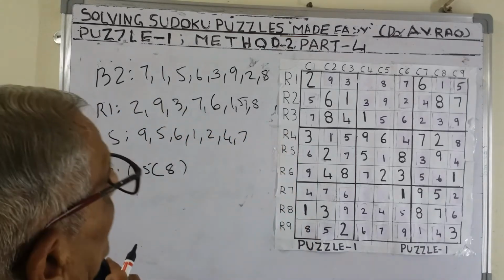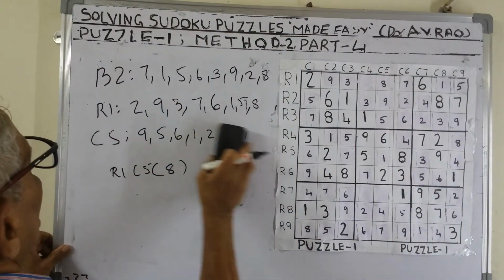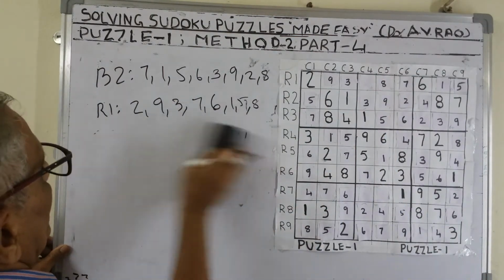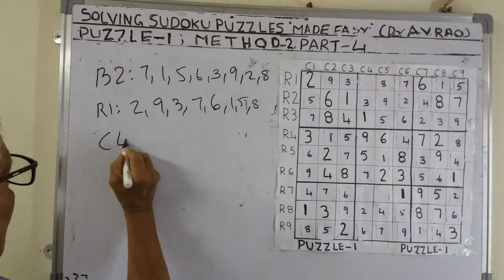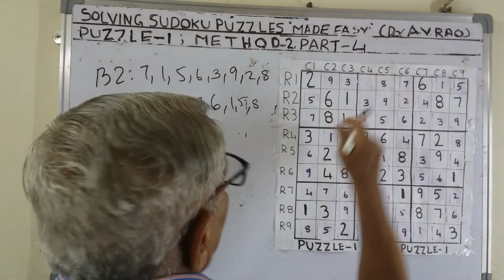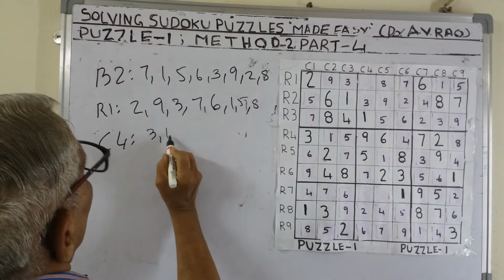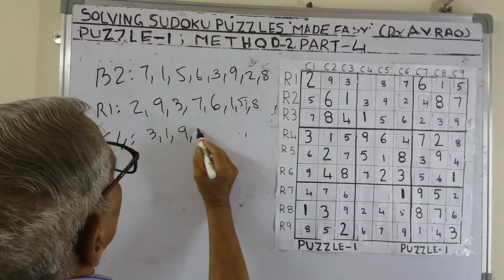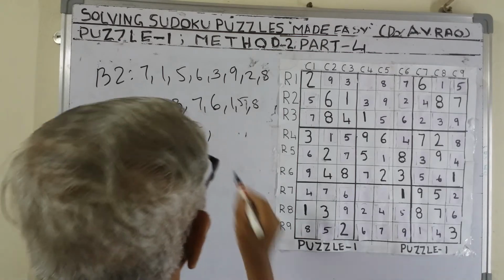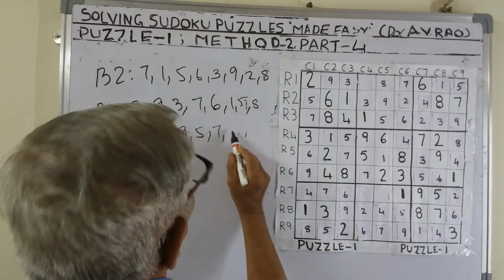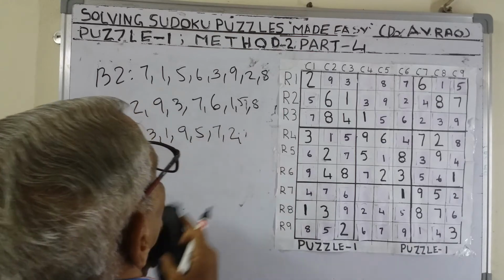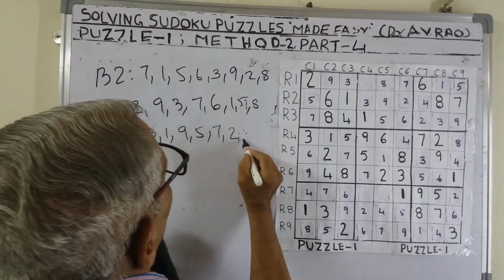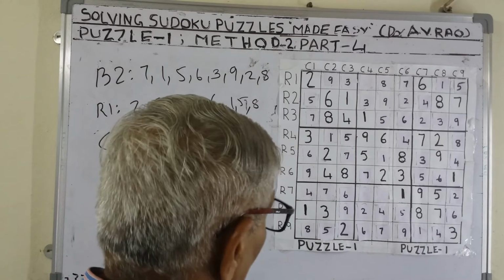Okay. Now let us take column C4. What are all the numbers written? 3, 1, 9, 5, 7, 2 and 6.